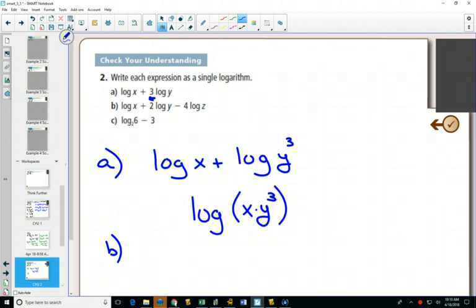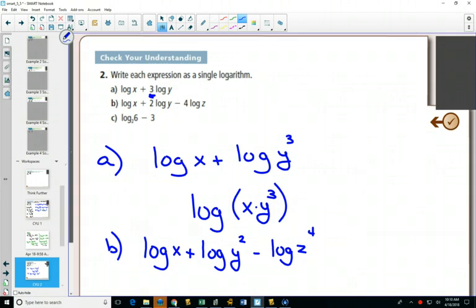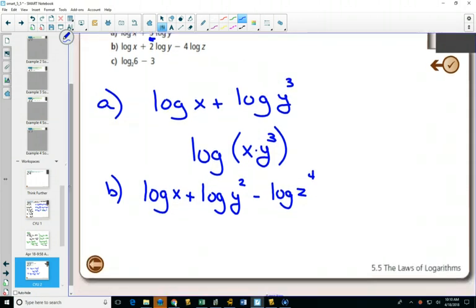So in this case, the first thing I'm going to do is log x plus log, I'll move that 2 in as an exponent minus, and I'll move that 4 in as an exponent. And once you have logs adding and subtracting, we could put the first 2 together with one log law and then get a log xy squared minus a log z to the 4.